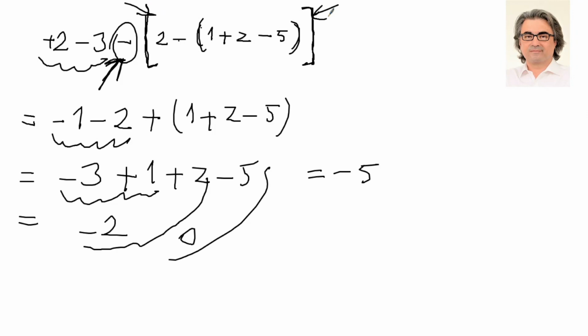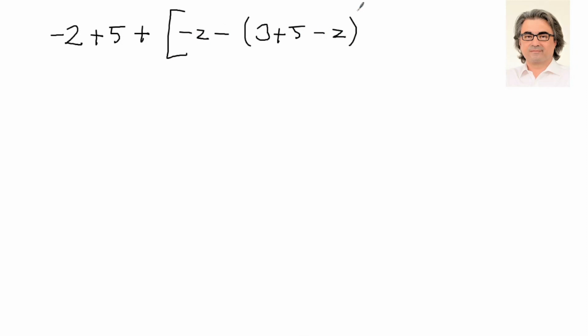Now let's write another example. Minus 2 plus 5 plus minus 2 minus 3 plus 5 minus 2, close the parenthesis.